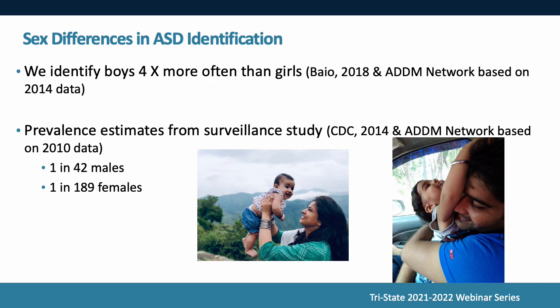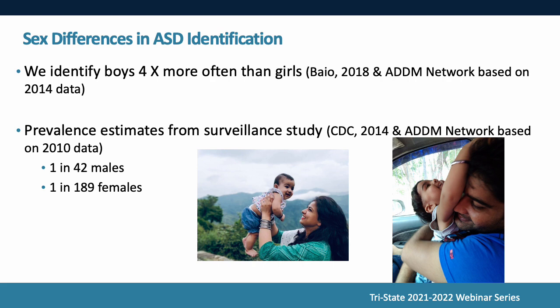Overall, in prevalence estimates from studies that the CDC has done in educational identification and community-based diagnoses around the country, we find that approximately 1 in 42 males is identified as at risk for autism, whereas 1 in 189 females are identified. And that's based on children being the age of 8.